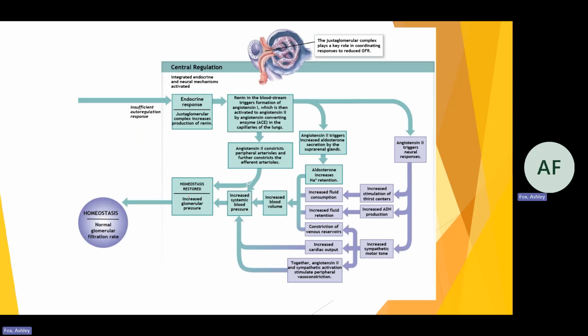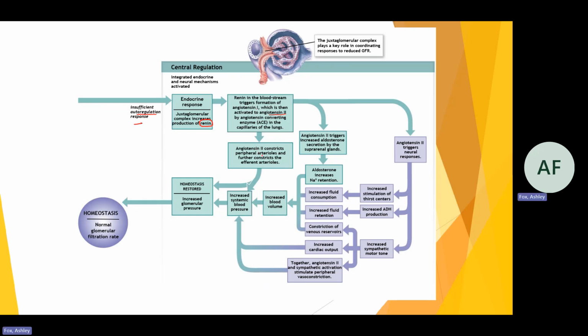If autoregulation is not working well enough, then you have renin produced. Renin going into the bloodstream makes angiotensin 1 that's converted or activated to angiotensin 2 by an enzyme called angiotensin converting enzyme, and it's actually in the lungs.